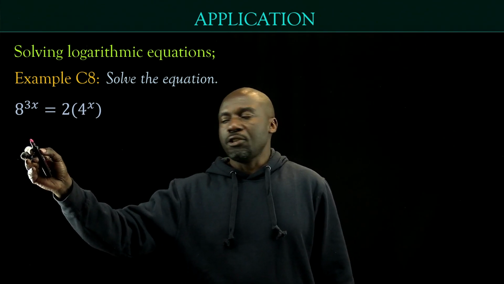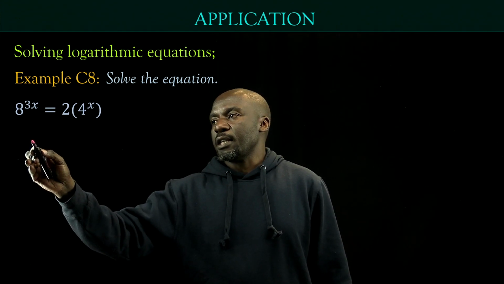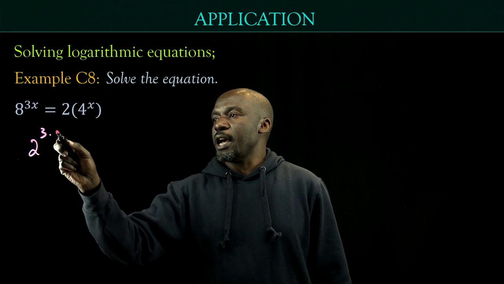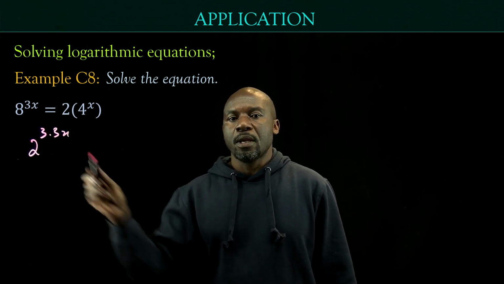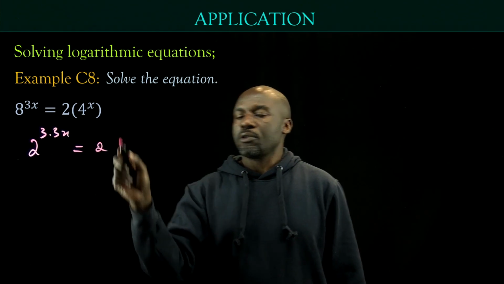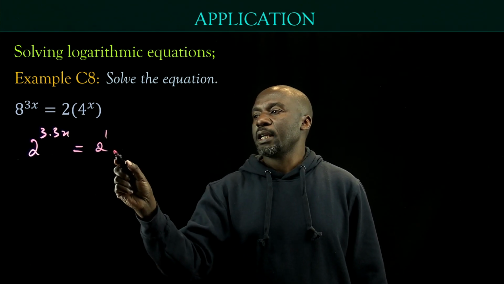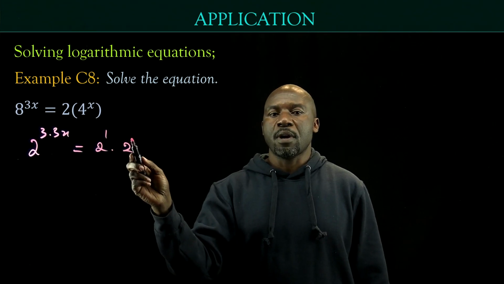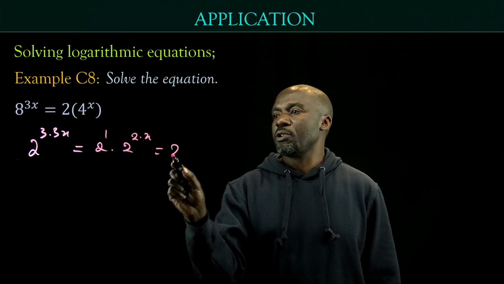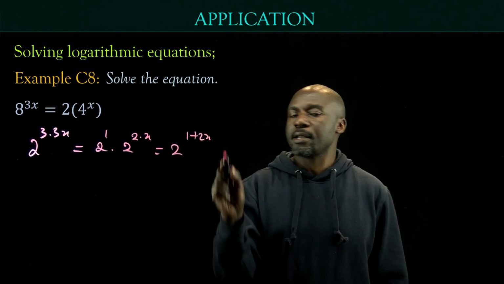Maybe I'll do it using 2 methods. So I'll write this as 2 to the power of 3 times 3x. And I'll say this is equal to 2 to the power of 1 times 2 to the power of 2 times x, which is 2 to the power of 1 plus 2x.